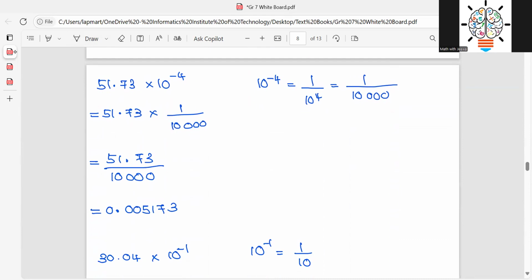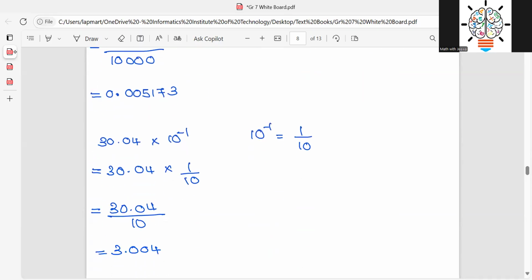Now when you divide by 10,000, it should be 1, 2, 3, 4. You have 4 steps, so then you want to come 4 steps. Right? Then the next one you have only 1 step, so then the 30.04 becomes 3.004.